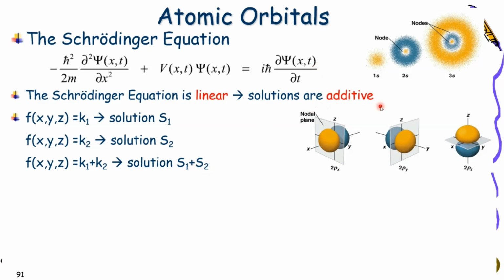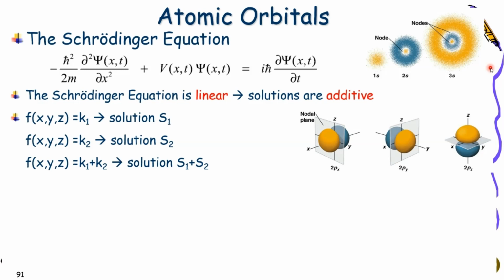So solutions are additive. So what does it tell you? If you have a shape of one element and you have a shape of B element, if you put these two together, these two can be added together. So this is the important thing for the eigenfunction and eigenvalue.